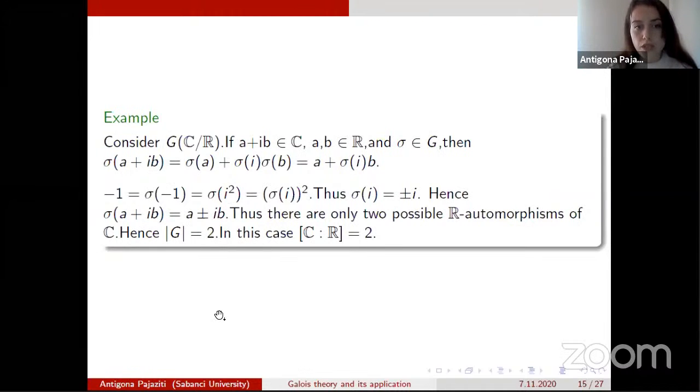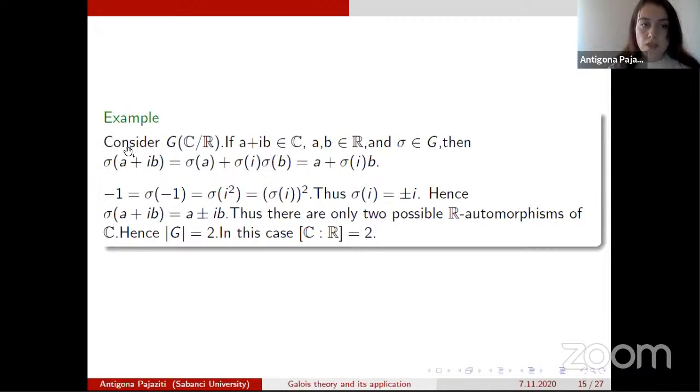As an example to see what the elements of this Galois group can be, I show you the Galois group of a polynomial f(x) over R. So we take an element in the field of complex numbers written as a + ib, where a and b are real numbers, and take sigma to be in this group.